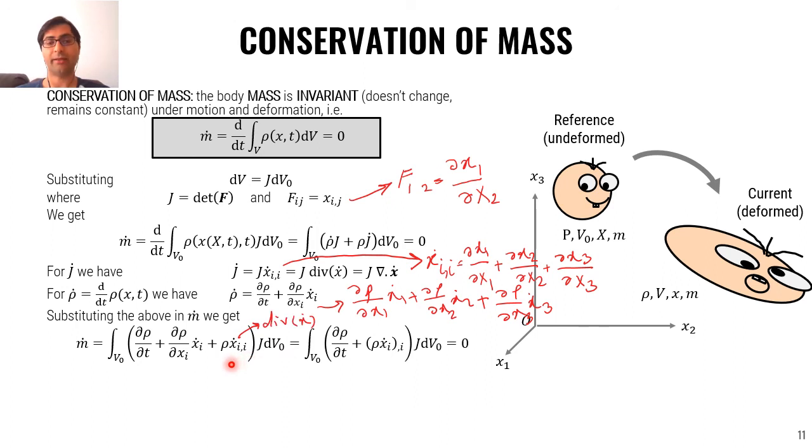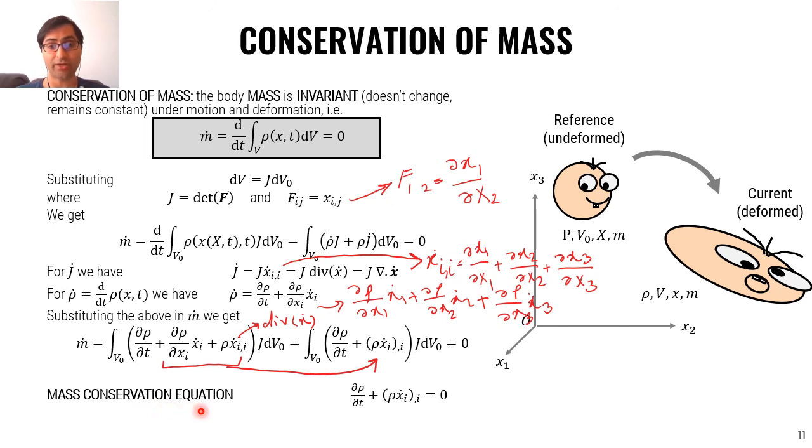Note that x dot_i comma i is the divergence of x dot, and for the second two terms, we can write it as rho x dot_i comma i. Expanding this differentiation, we get the same two terms as here, equal to 0. So simply, it gives us the mass conservation equation.